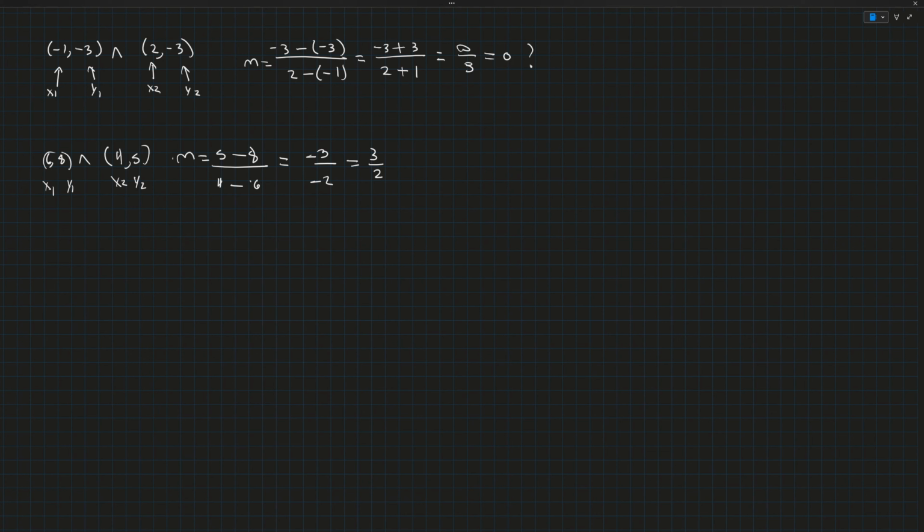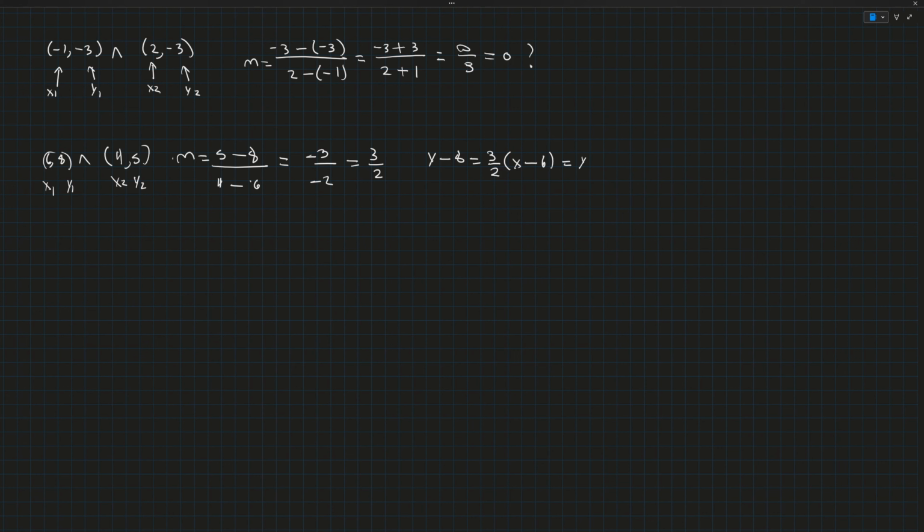Okay, that's great. But how do we write it in slope-intercept form? Again, we could pick any of these points, but I'm going to go for these two because these are very nice even numbers. So, y minus y1, 8, equals 3 over 2 times x minus 6.